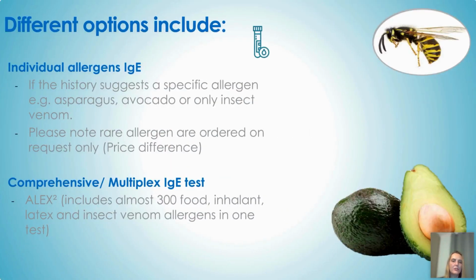Then, if the history suggests a specific allergen, for example, the avocado or insect venom, then that specific allergen can be done. But if the patient is multi-sensitized, or if you're not exactly sure which allergen could be the culprit, the ALEX or the multiplex comprehensive IgE testing can be done, which then includes almost 300 food, inhalant, latex, and insect venom allergens in one test.